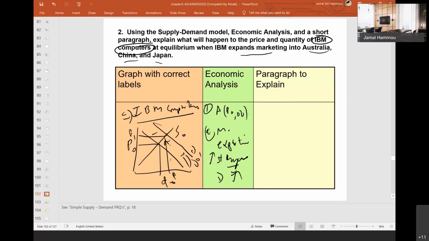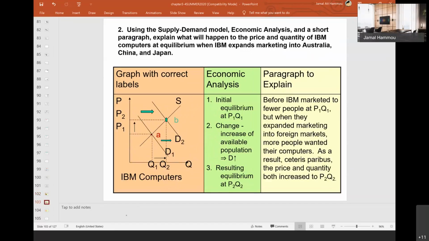And then I will see what happened to the price and what happened to the quantity. So this is an answer for this question. The initial equilibrium is at point A with price P1, Q1. The change, an increase of available population, means an increased number of buyers. Demand increases, so I shift the demand curve to the right to D1.